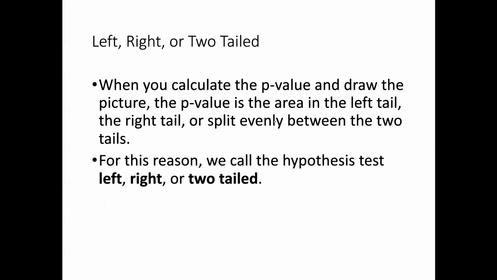When you calculate the p-value and draw the picture, the p-value is the area in the left tail, the right tail, or split evenly in the left and the right tail. For this reason, we call the hypothesis test either left, right, or two-tailed.